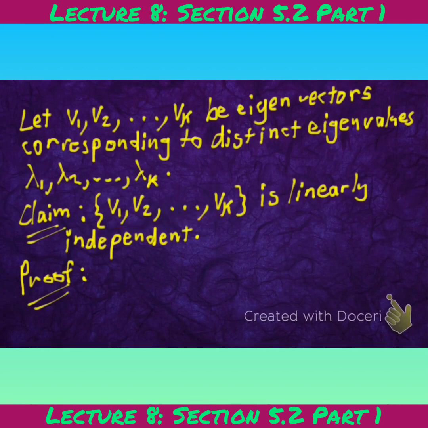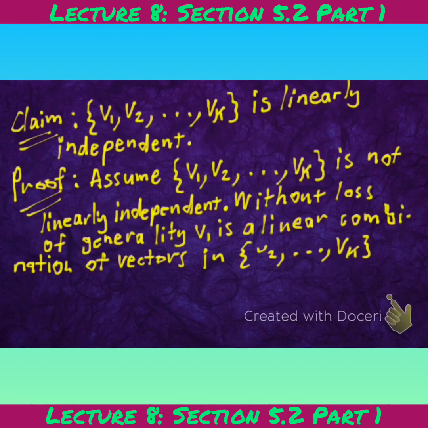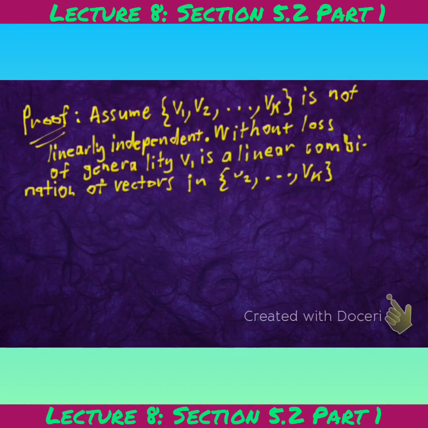Let's assume to the contrary that it isn't linearly independent. So without loss of generality, we can express V1 as a linear combination of all the other vectors, V2 up until Vk.